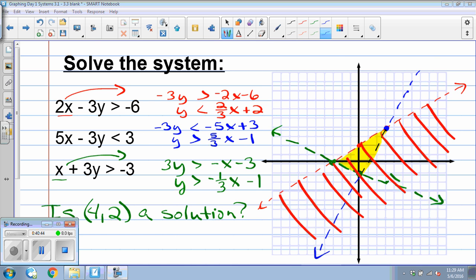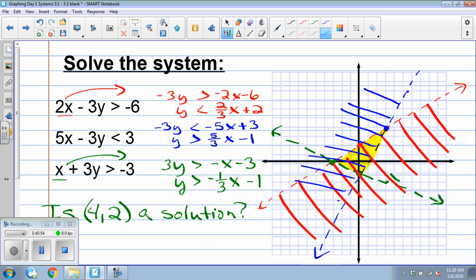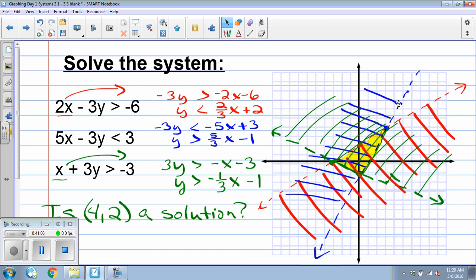When you bring the x over, it's negative x. So right now, see that yellow area has red and blue. And then my green shades above. So this piece here is where they all have in common.